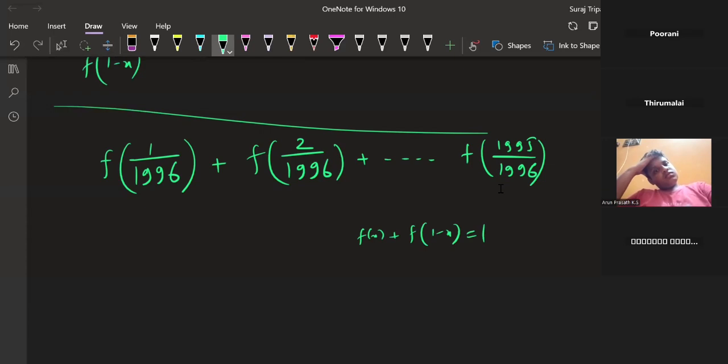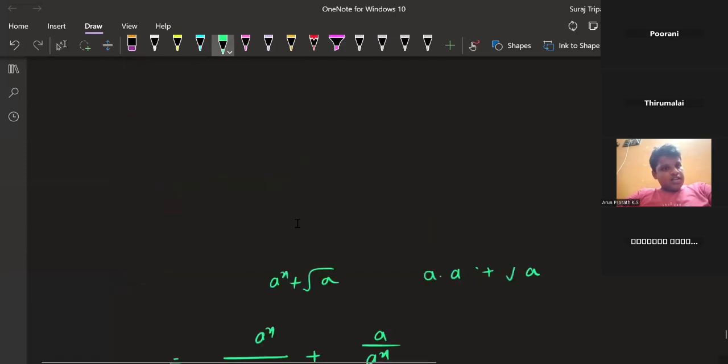So we have to identify which function is working as f of x, and which is working as f of 1 minus x. Suppose I consider this value as x. Is this property holding for all functions? No, this property is valid only if the function is looking like this.